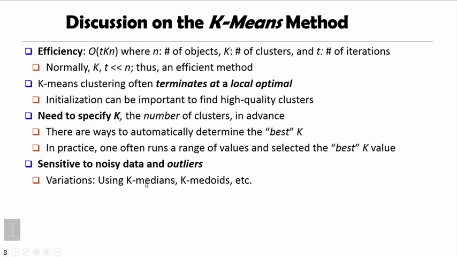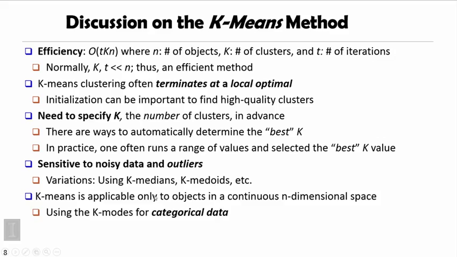The k-means method is quite sensitive to noisy data and outliers. So there are variations like the k-medians or k-medoids algorithms that try to overcome this outlier or noise problem. Another thing is that k-means works only on objects in continuous, that is numerical, data in n-dimensional space. How do we handle clusters on categorical data?